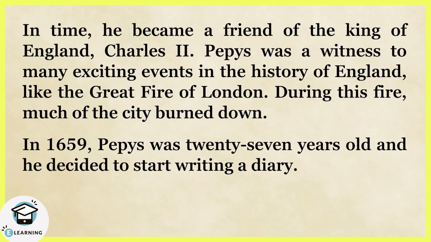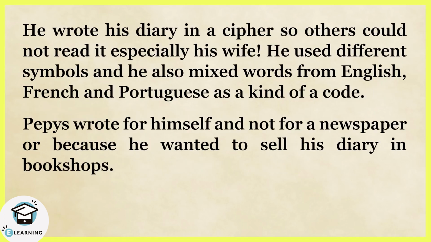In 1659, Pepys was 27 years old, and he decided to start writing a diary. He wrote his diary in a cipher so others could not read it, especially his wife. He used different symbols, and he also mixed words from English, French, and Portuguese as a kind of a code.